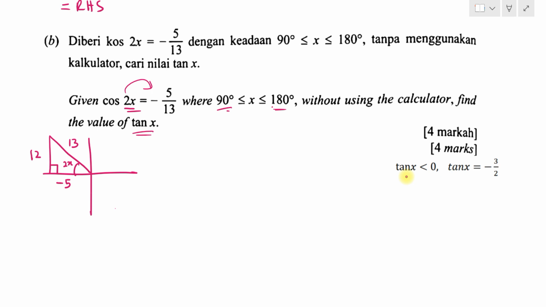Okay, this question we need to think. They tell cos 2x is negative 5 over 13. But they want tangent x. Let me think.